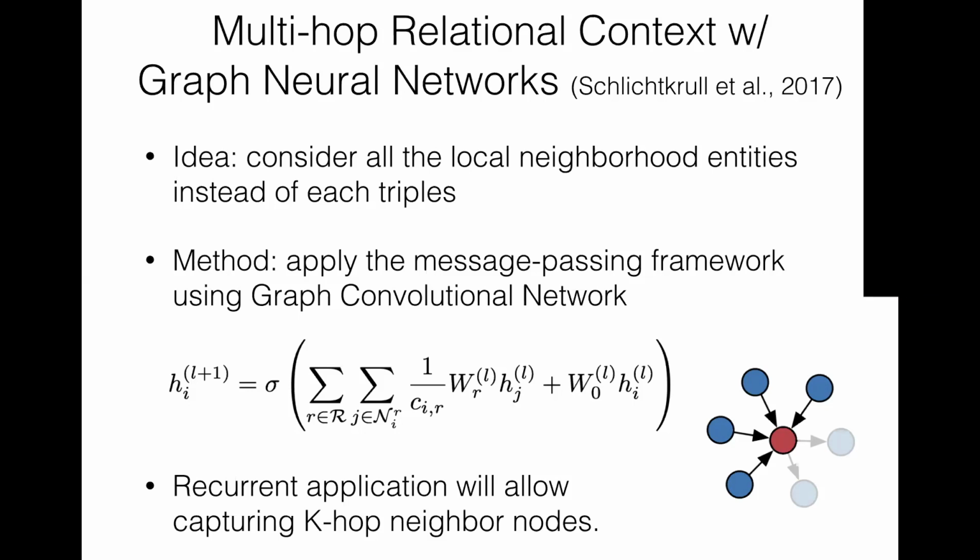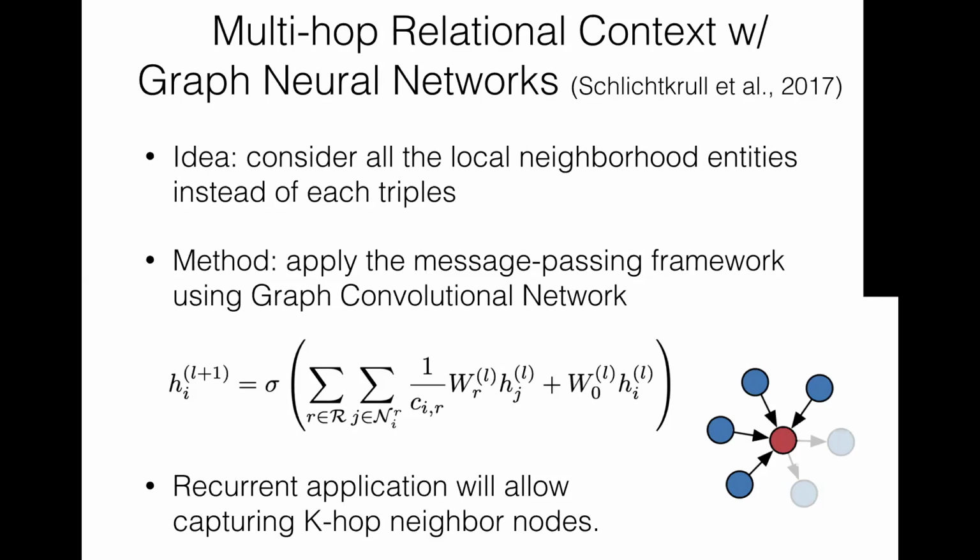And how it works is the representation of the current node is computed by the weighted sum of linearly transformed representations of the incoming nodes plus yourself, but in the previous stage. And this is performed recurrently.